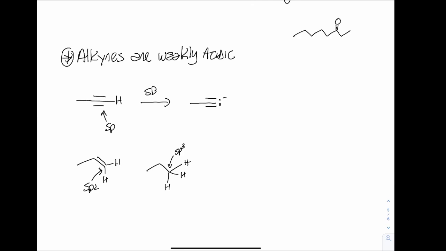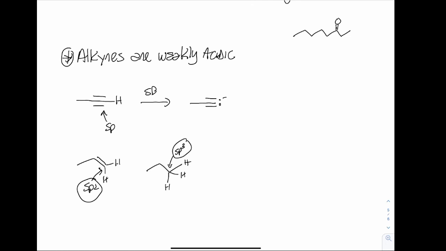So electrons in an sp hybridized orbital are closer to the nucleus and more stable than electrons in an orbital that's only 1/3 s character or 1/4 s character. So because that carbon is sp hybridized, it can stabilize that lone pair that we gain when we lose the proton. So alkynes are weakly acidic.